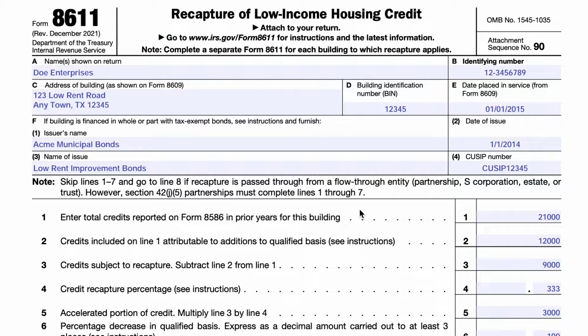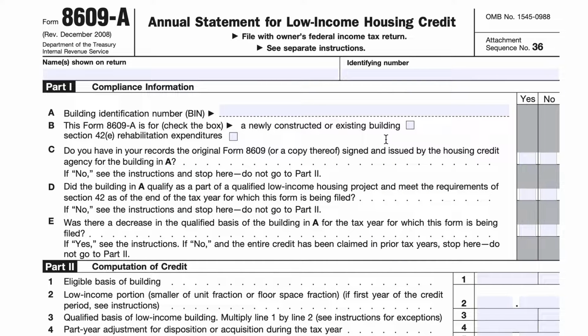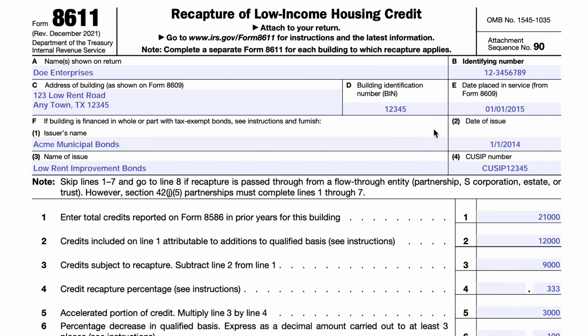When you first apply, you're basically having the building identification number as outlined on your original 8586, and it should match the building identification number on your 8609-A. And then the date that you place this in service, this is basically the date that you're calculating recapture from, unless another date applies.